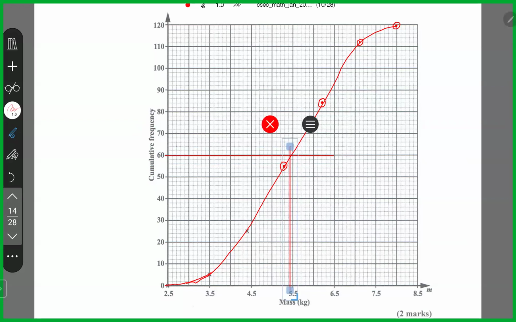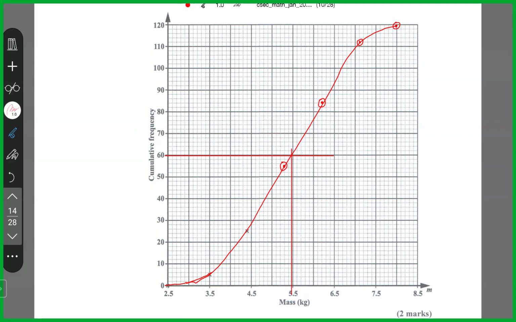This is for me. Yours doesn't have to be the same. Mine is very close to 5.5, so I'll just say 5.5.